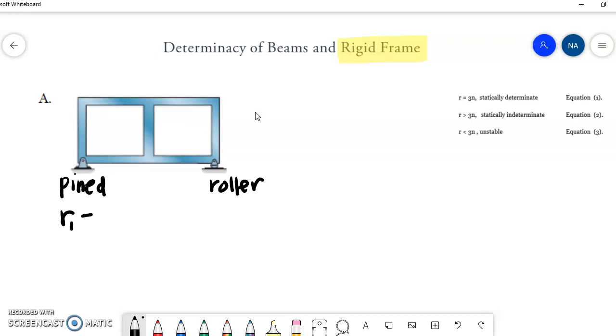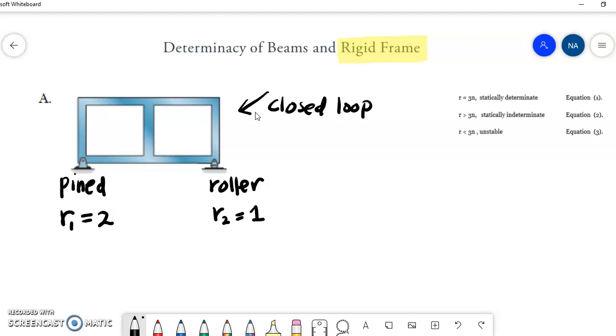Total reaction will have two reactions, whereby in the roller, R2 will have one reaction. Okay, so whenever we see a closed loop, now we have the closed loop.